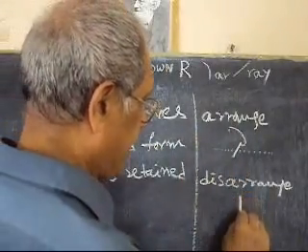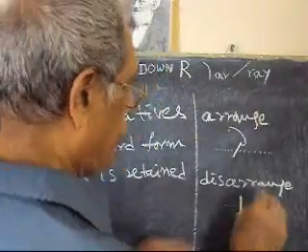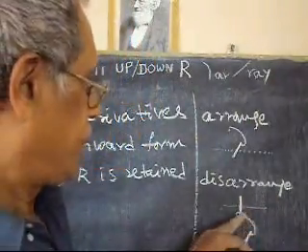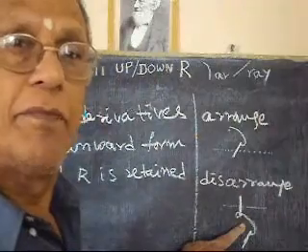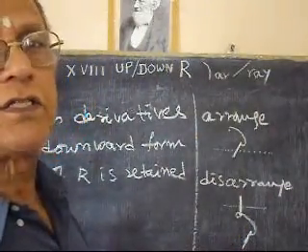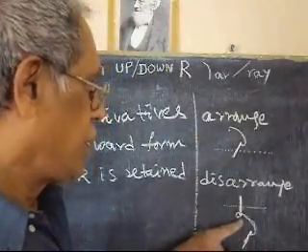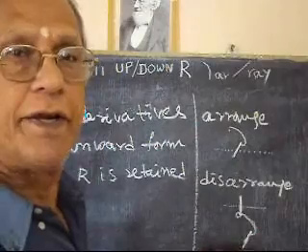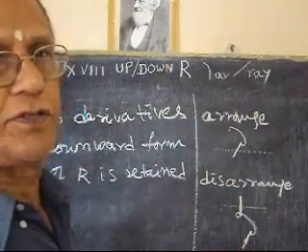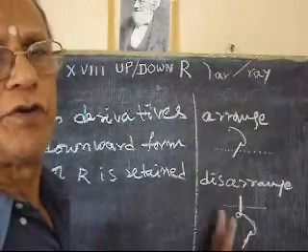Suppose disarrange. So use this downward R in the middle of the word. That is why we said medial R is generally written upward. In some cases like derivatives, the downward form is retained because in the root word downward R is used. Therefore in the derivative also retain that downward form.